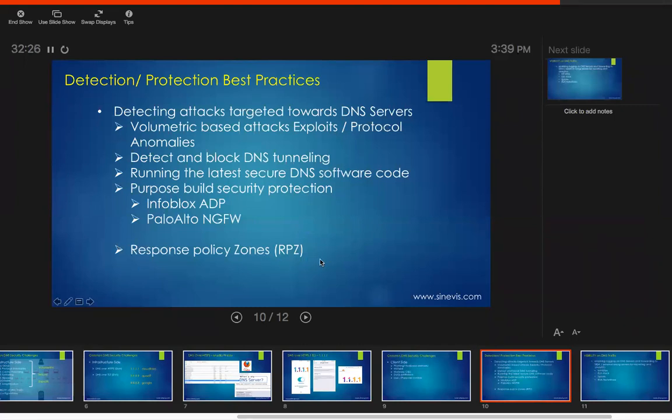So what happens is we can get feeds of malicious domains and malicious IP addresses from providers like Carbon Black, mostly endpoint security providers, where they have huge databases of malicious domain names.